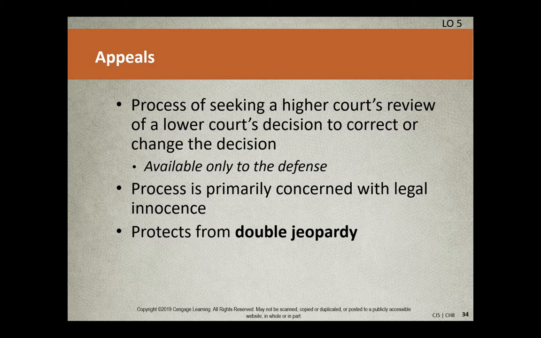And this guarantee against being tried a second time for the same crime is known as a protection from double jeopardy. This prohibition means that once a criminal defendant is found not guilty of a particular crime, the government may not re-indict the person and retry him for the same crime.